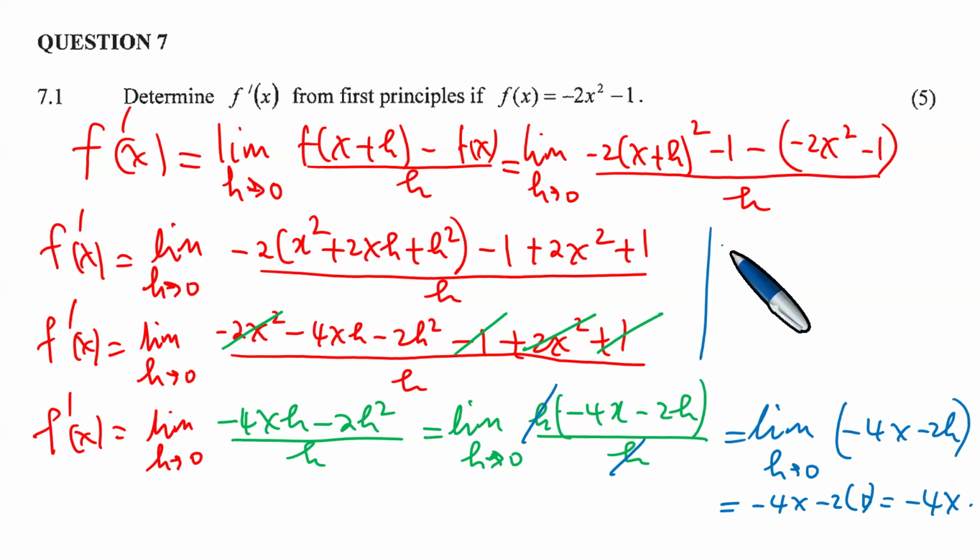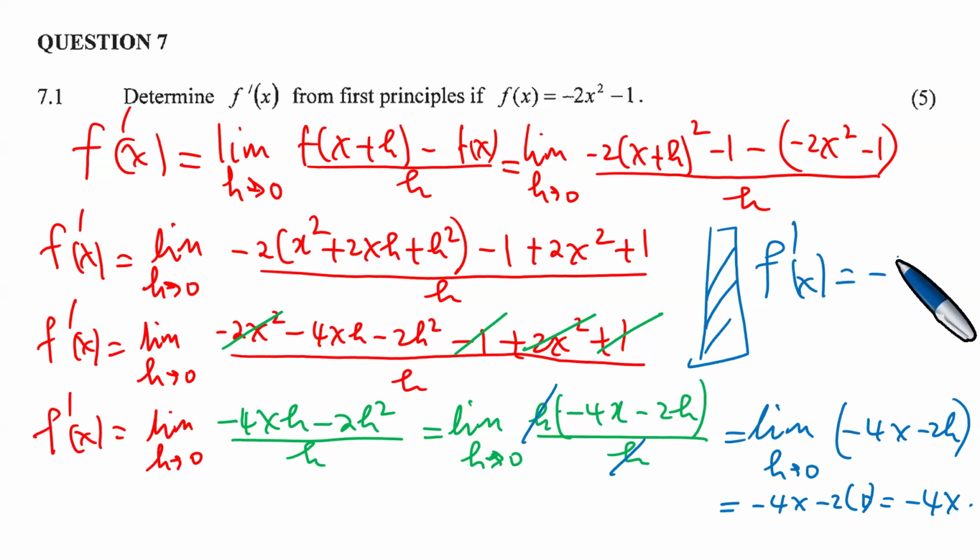So f prime is minus 4x, and this becomes the answer. The result, therefore, is that f prime of x is minus 4x, and that is a derivative from first principles. I know that this is a concept you know very well. Let's go to the next question.